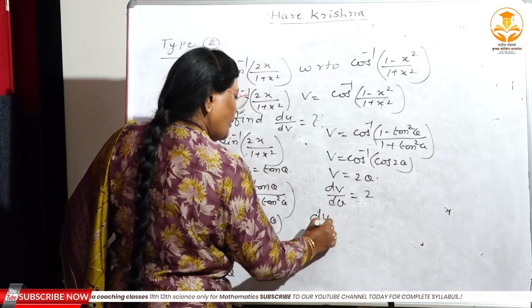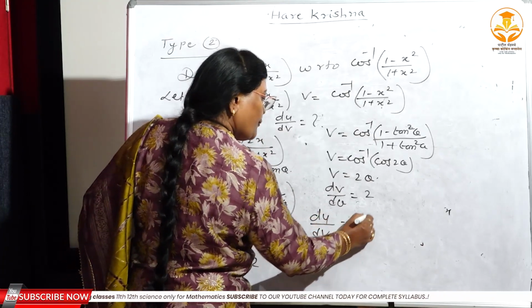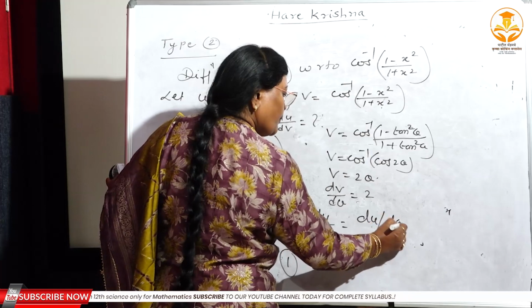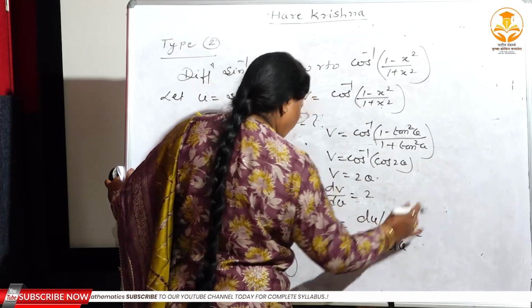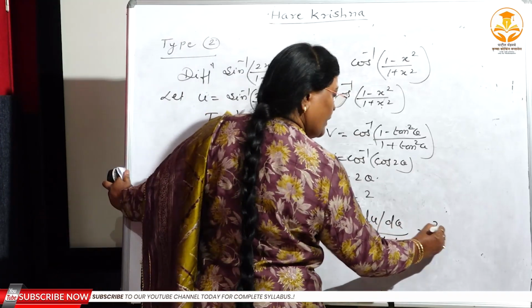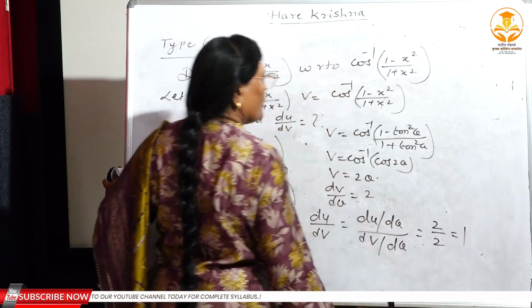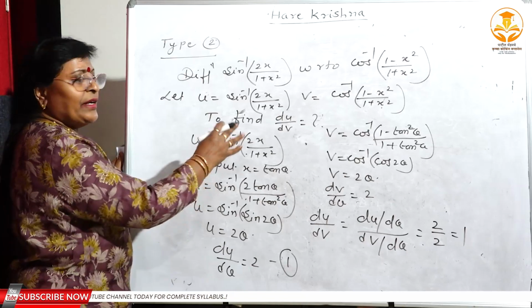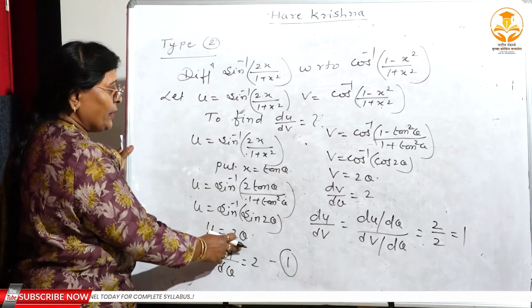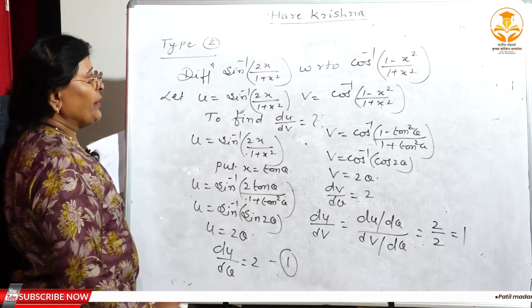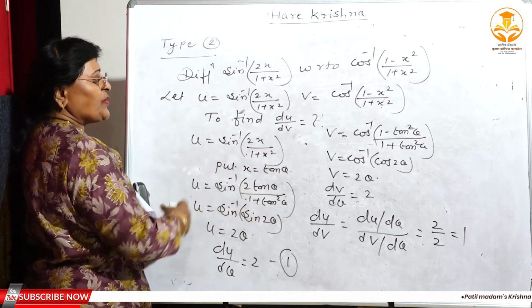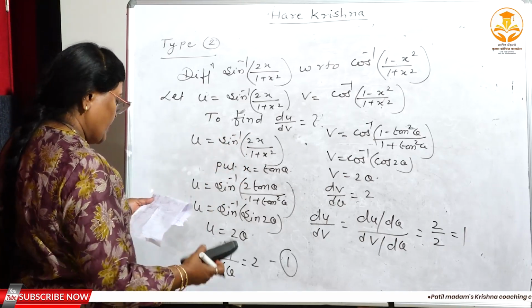But what do you want to find out? du divided by dv. Therefore du divided by d theta, dv divided by d theta. Again du by d theta is equal to 2, and dv by d theta is equal to 2. Answer. But if it is a different substitution, then that theta you have to convert as tan inverse of x. But since it is the same substitution, you can differentiate with respect to theta.